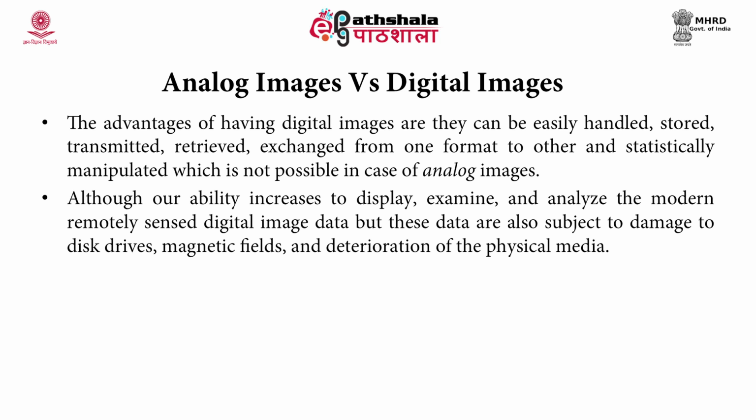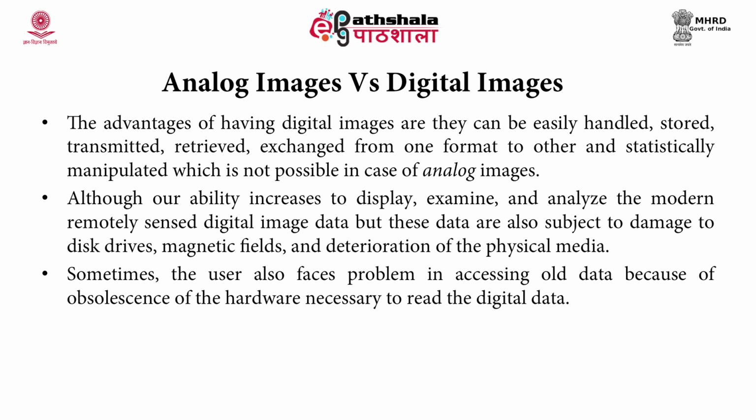Although our ability to display, examine and analyze modern remotely sensed digital image data increases, these data are also subject to damage to disk drives, magnetic fields and deterioration of the physical media. Sometimes the user also faces problems in accessing old data because of obsolescence of the hardware necessary to read the digital data.